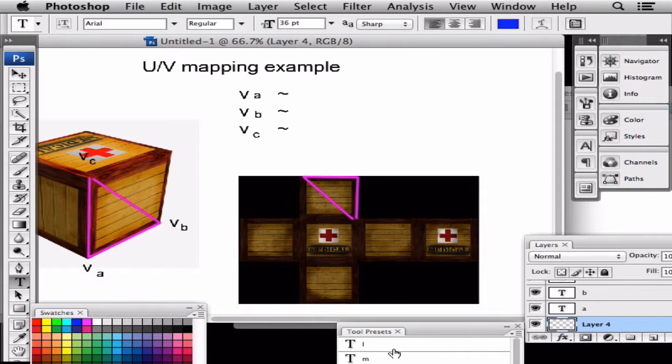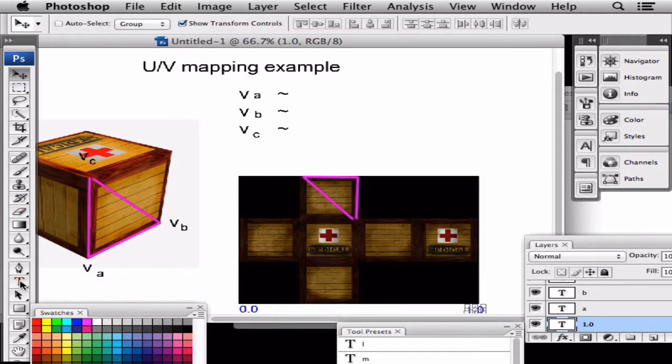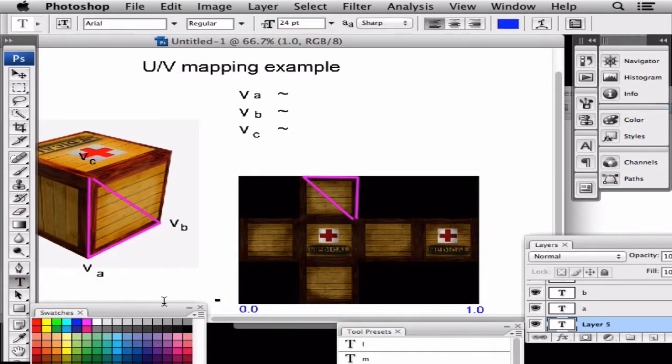So I'm just gonna put the UV coordinates here so we can see them. That's 0, 0 on the U. That's 1, 0 U. It's always the entire extent of the texture, 0 and 1. And on V, similarly, like this.